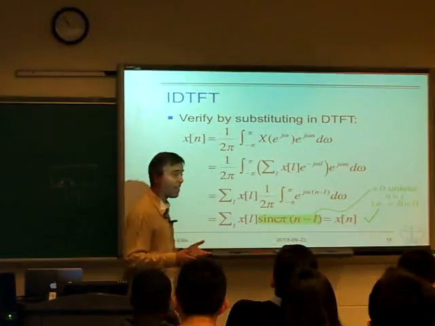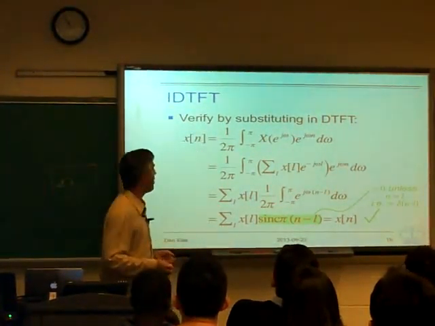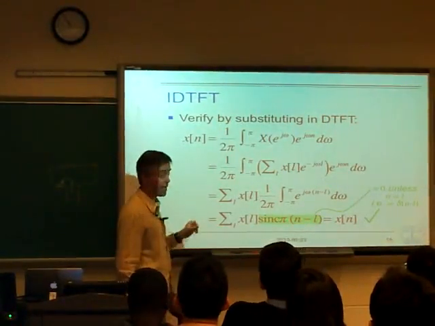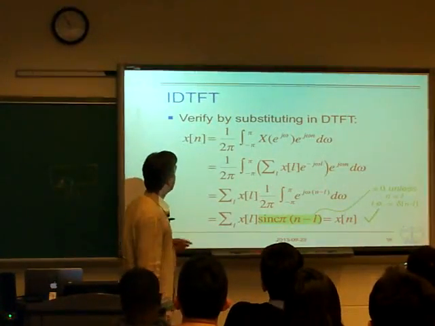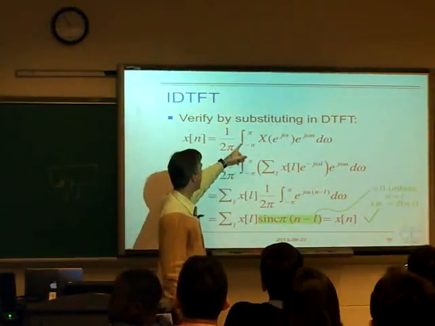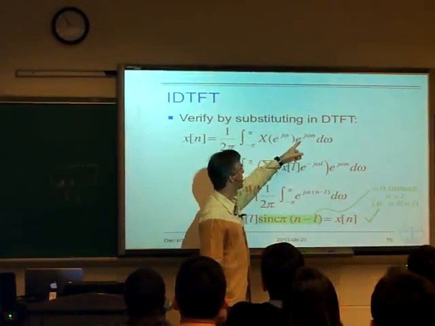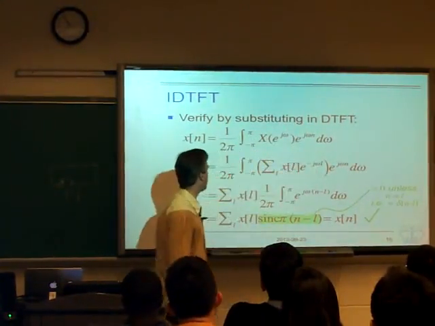We should check that the IDTFT looks right, but does it actually work? Well, again, we can just substitute it in to see that it works out. So this is the expression we had on the previous slide: x of n is 1 over 2 pi integral over minus pi to pi of X of e to the j omega times e to the j omega n, integrated over omega.